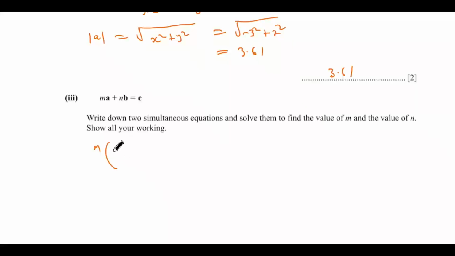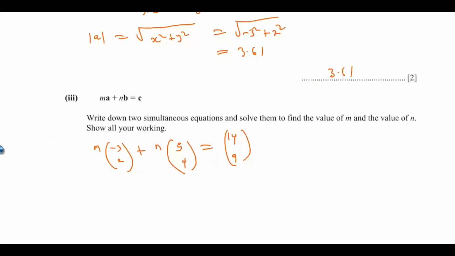Vector a is minus 3 over 2, then plus n. n is also a variable, so it will be multiplied by the vector, serving as a scalar here. Vector b is given as 5 over 4, then equals vector c, given as 14 over 9.